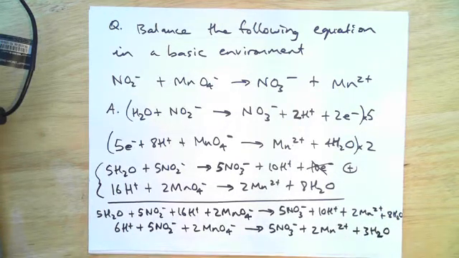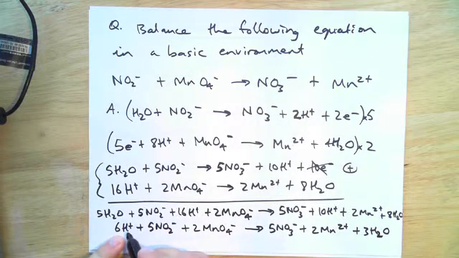Okay, so that would be the overall equation balanced in an acidic environment. For a basic environment, what you're going to have to do is, because it's basic, we can't have our H pluses, so we have to get rid of those H pluses by adding 6 hydroxides.